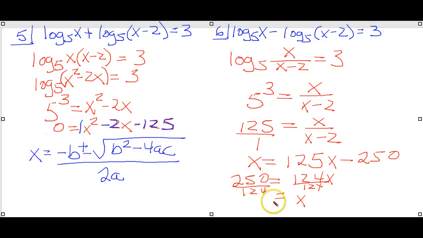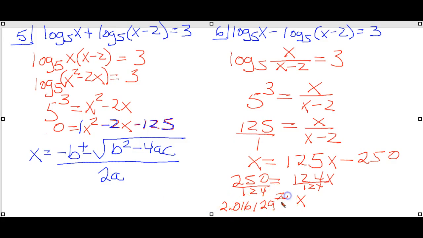And that gives us our answer. And I do have an approximation of this as 2.016129.